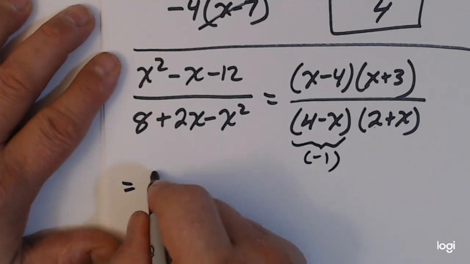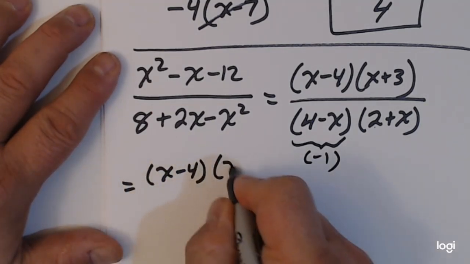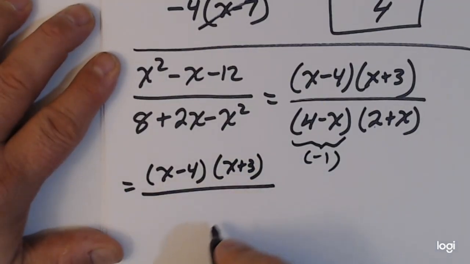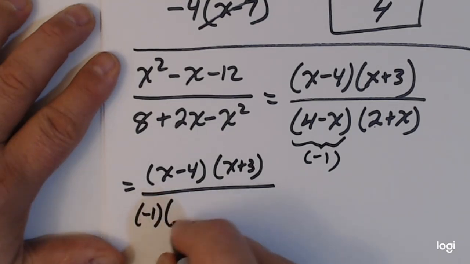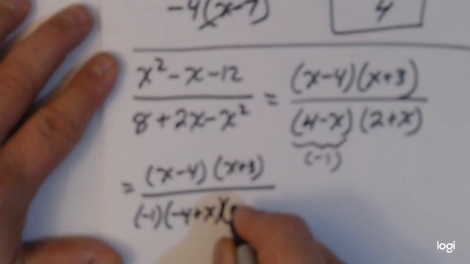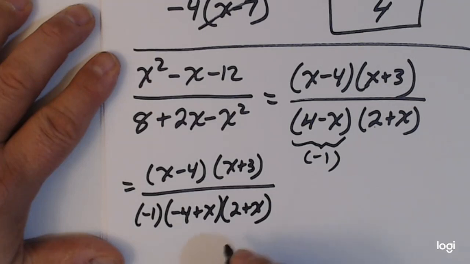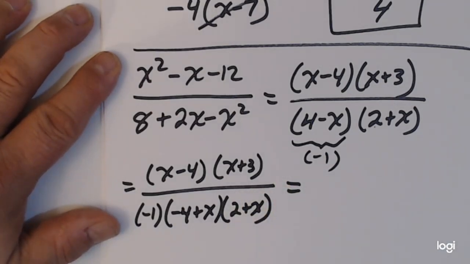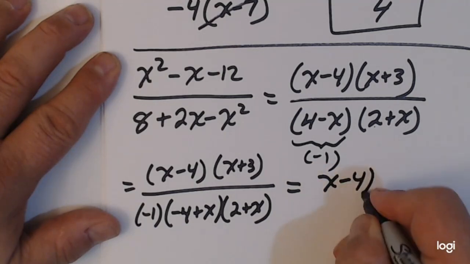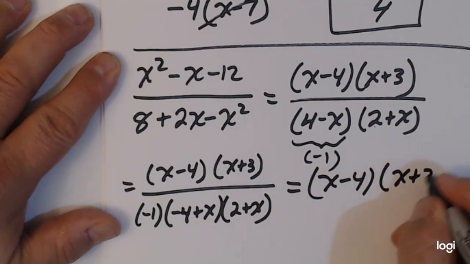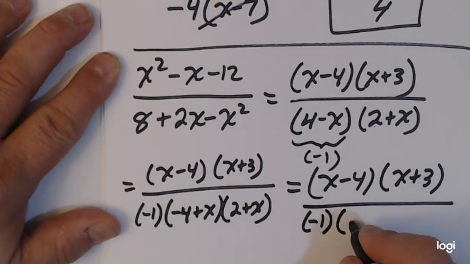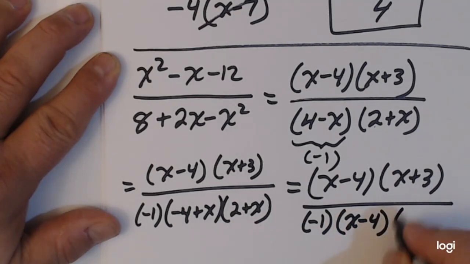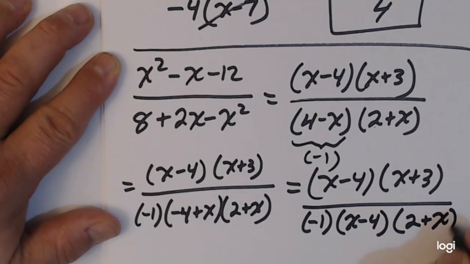So we have x minus 4, x plus 3, all over negative 1 times negative 4 plus x times 2 plus x. That's going to give us x minus 4 times x plus 3 all over negative 1 times x minus 4 times 2 plus x.